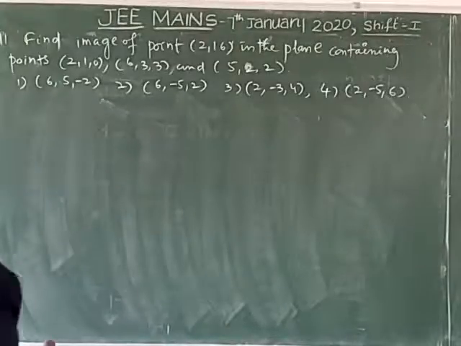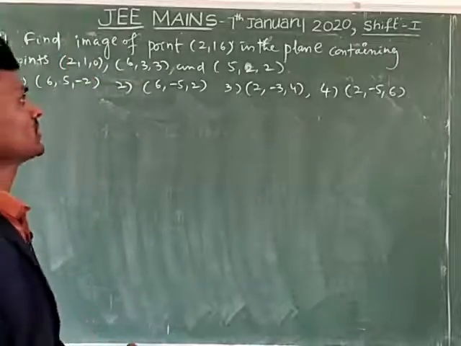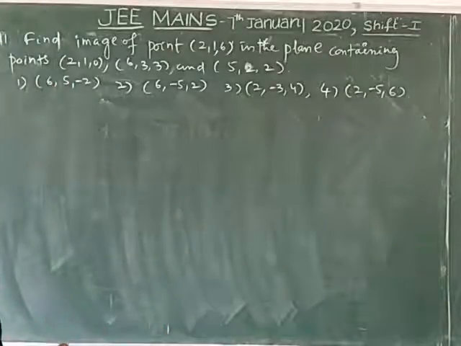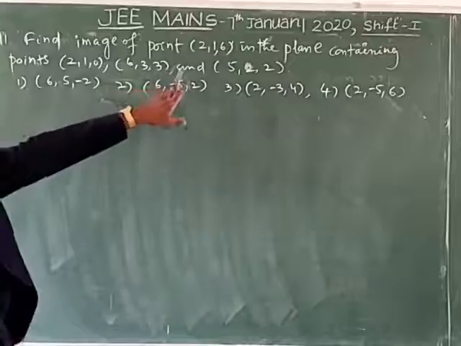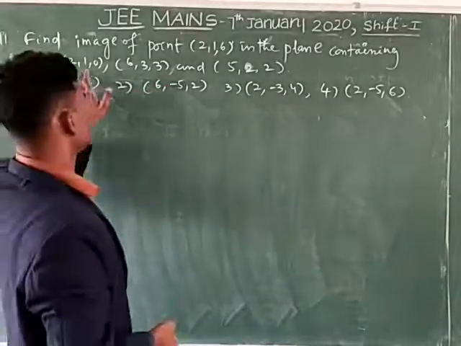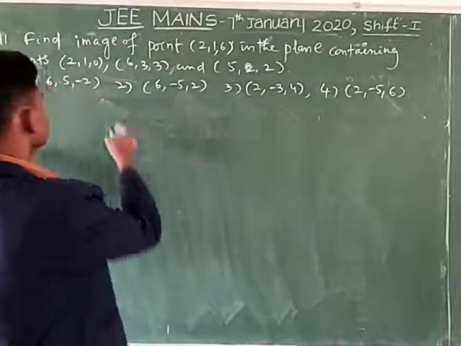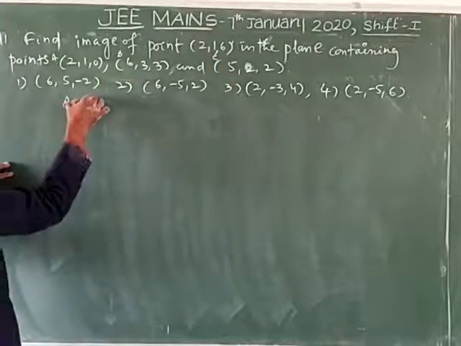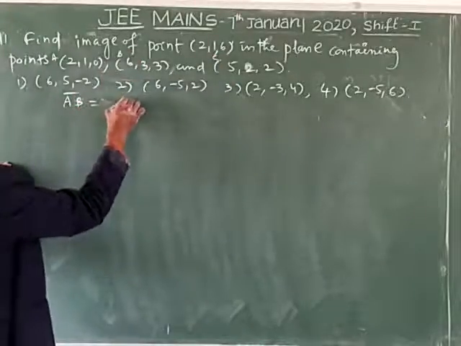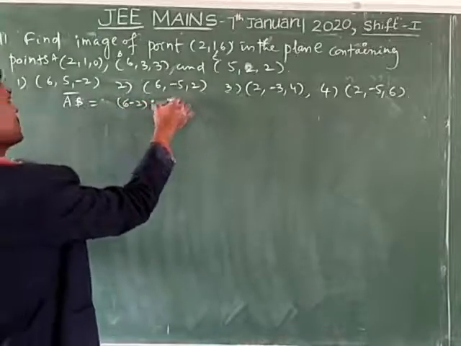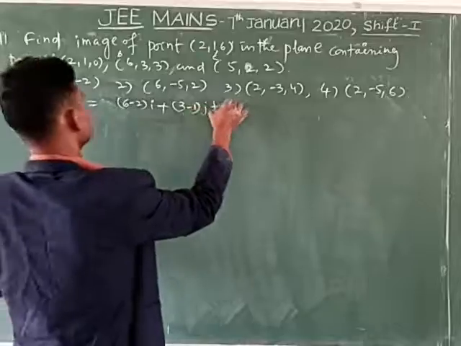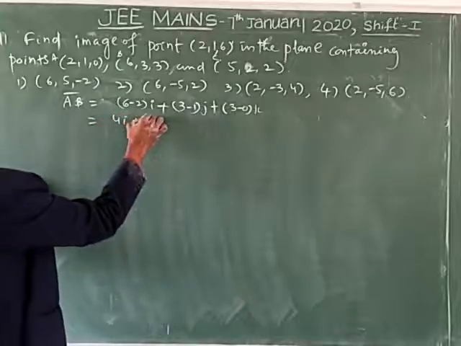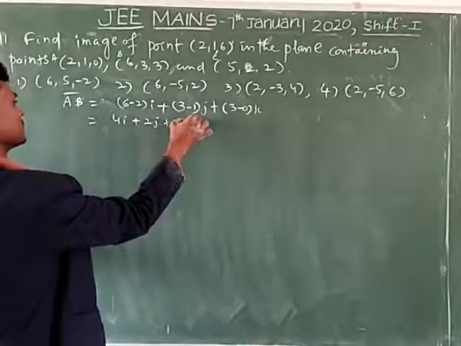Next question: find the image of the point (2, 1, 6) in the plane containing the points (2, 1, 0), (6, 3, 3) and (5, 2, 2). Here 3 points are given. Take these as A, B, C. Now vector AB is equal to (6 minus 2) i plus (3 minus 1) j plus (3 minus 0) k, which is 4i plus 2j plus 3k.